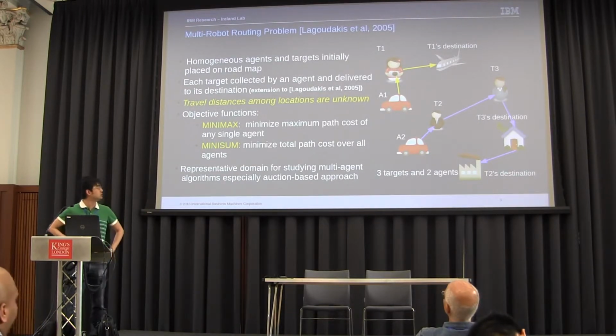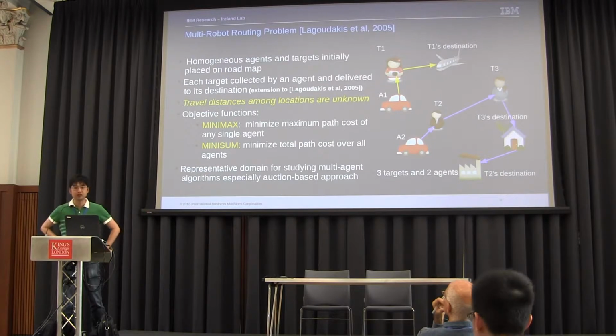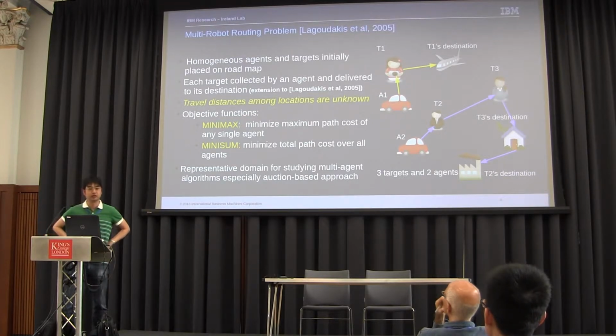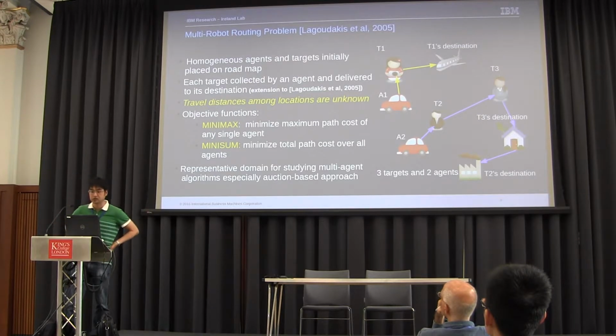One is to try to minimize the maximum path cost of any single agent, which means that we want to minimize the response time for the slowest agent, such as for the search and rescue operation in a disaster situation.